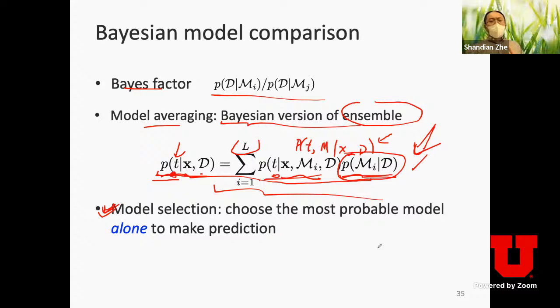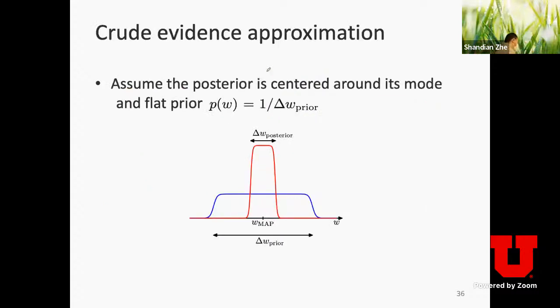So why can maximizing the model evidence help us select models? Someone has expressed a concern, right? It looks like more complicated models will give a larger model evidence. So now we want to give an analysis, based on a pretty crude approximation, to show that actually model evidence is a very good measurement.